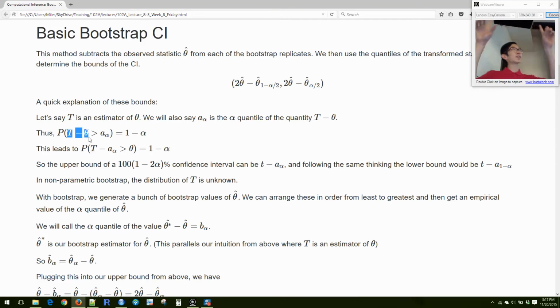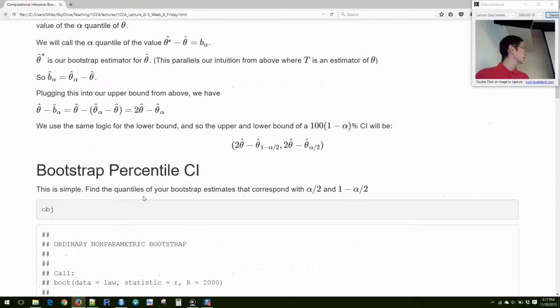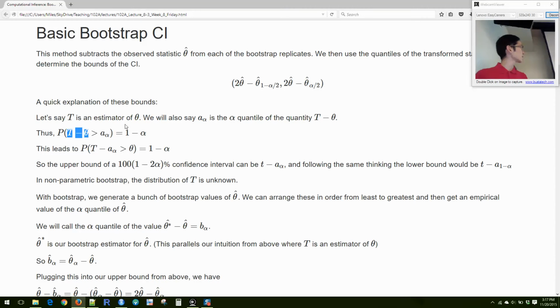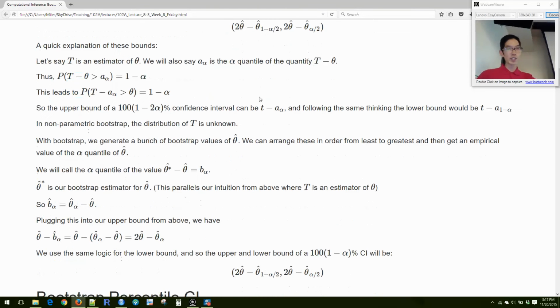If your bootstrap estimates are a little bit more skewed, that's going to be reflected in this one, whereas this one is going to be a little bit more centered-ish, I guess.